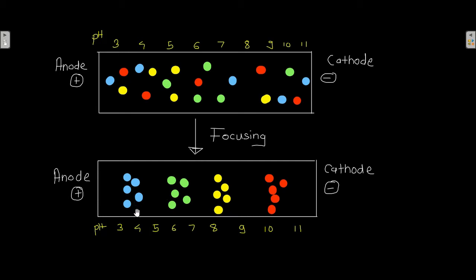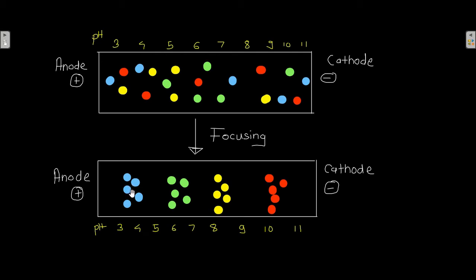The isoelectric point of these protein molecules lies between 3 and 4, and that is the reason why they become neutral at this pH and accumulate here.